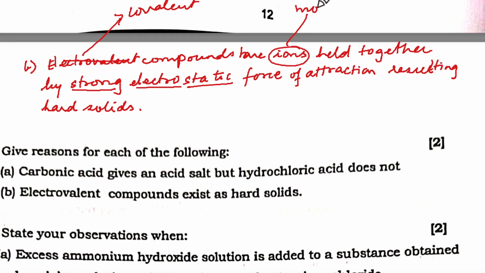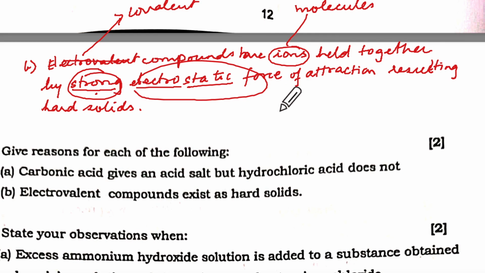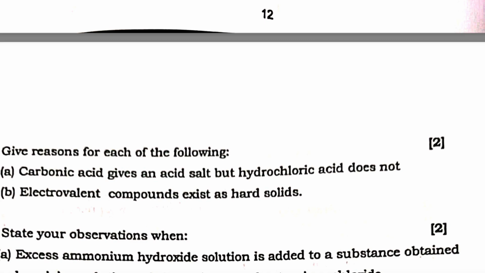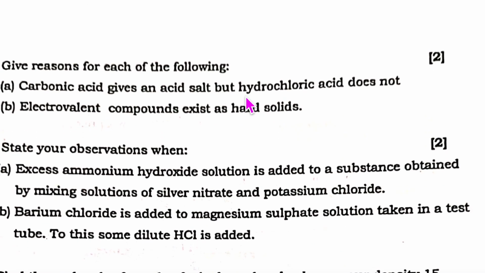They have molecules which are held together by not strong but weak Van der Waals force, and therefore they become soft solids, liquids or gases. Understanding? So the keywords here: ions held together, strong, electrostatic. Because in covalent the same two words can be changed.